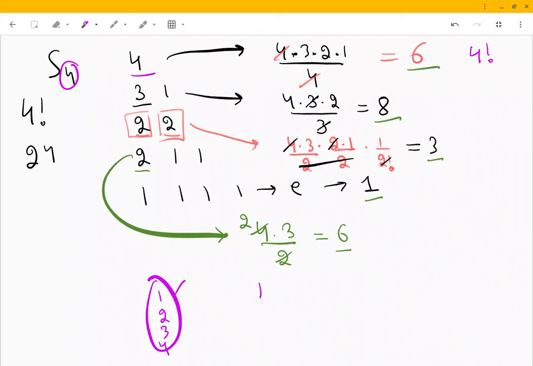Let's write them down. 1, 2, 3, 4, 1, 2, 4, 3, 1, 3, 4, 2, right? Then 1, 4, 3, 2, then 1, 4, 2, 3, and then 1, 3, 2, 4.